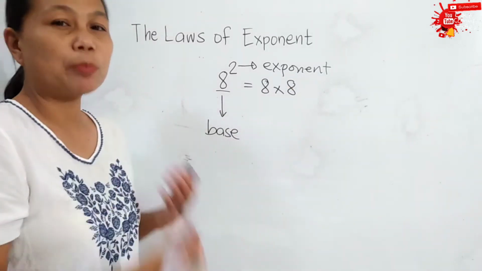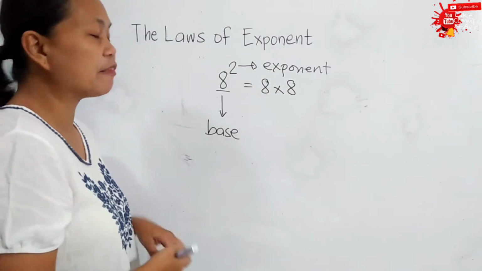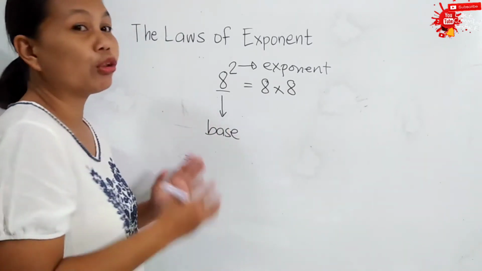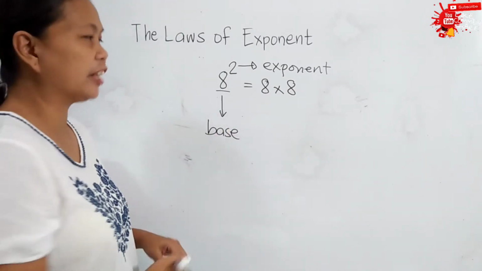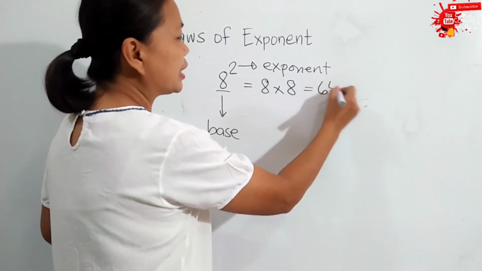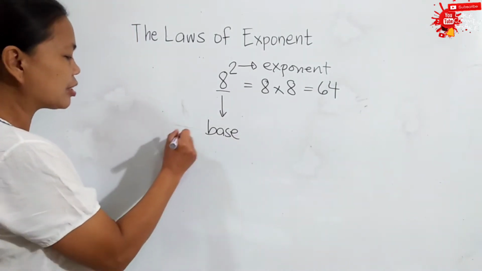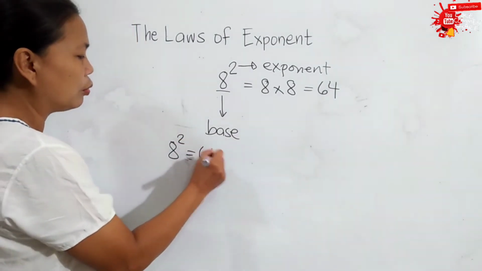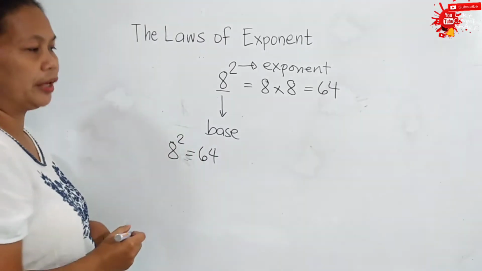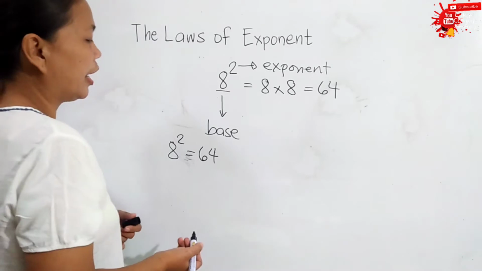So the exponent means that you will multiply the given number, the base, 2 times to itself. And what is 8 times 8? It is equal to 64. So if we have 8 squared, it is equal to 64.